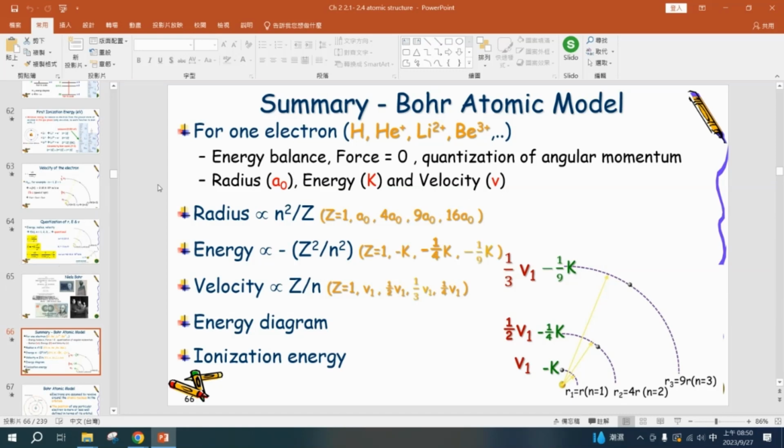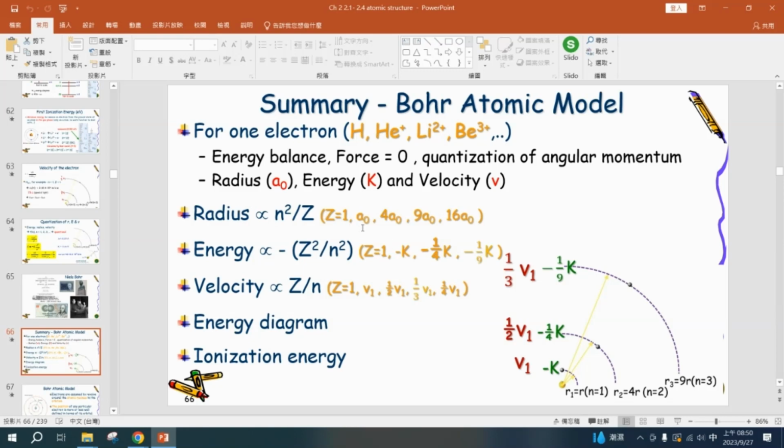And also we know that the radius is proportional to n, an integer number, to the power 2, and reciprocal to Z. So if you increase Z, the radius will decrease. When you increase n, the radius will increase by power of 2, right?